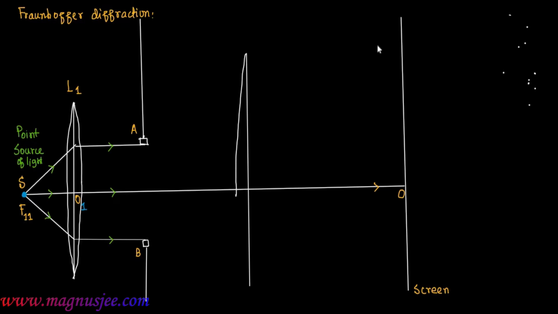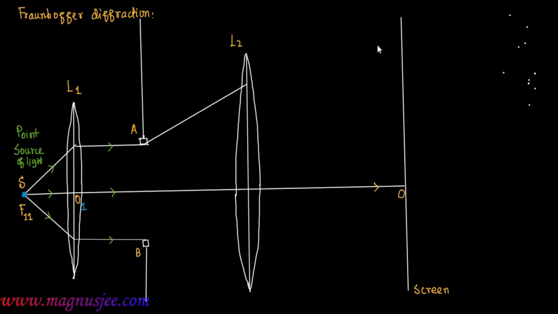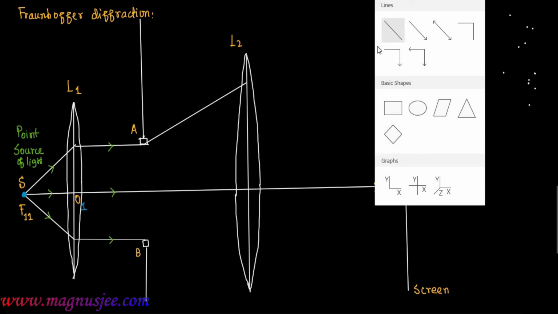We place another convex lens L2 in front of the aperture AB, and rays are diffracted.